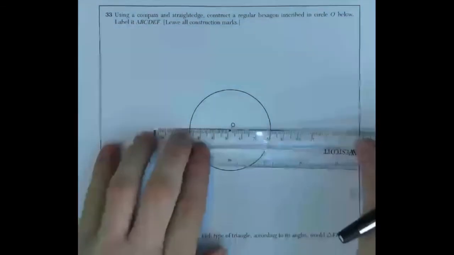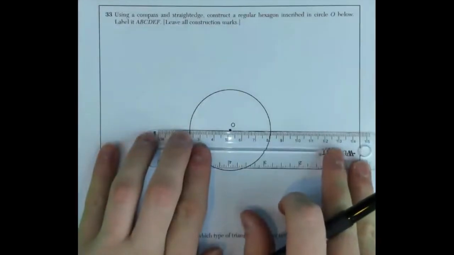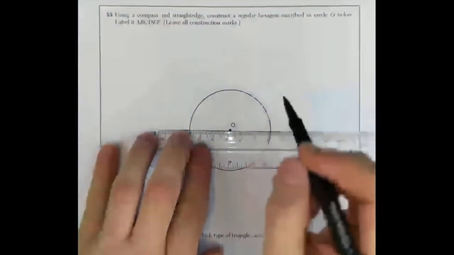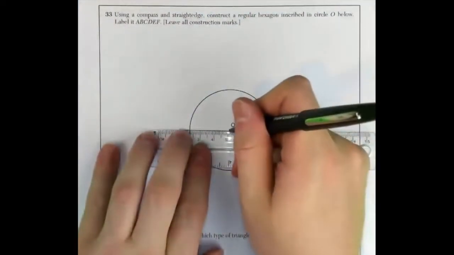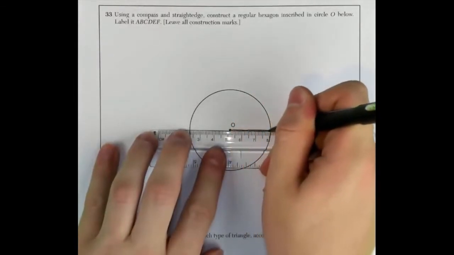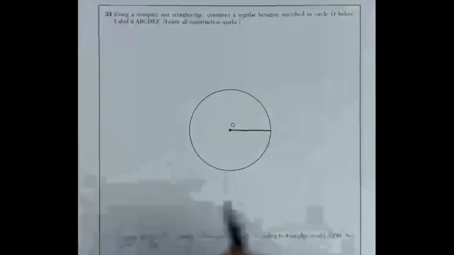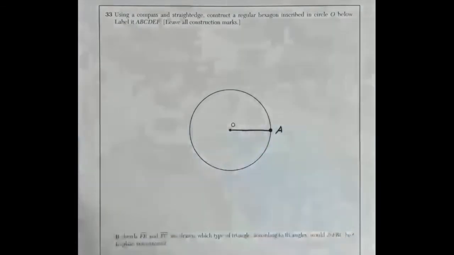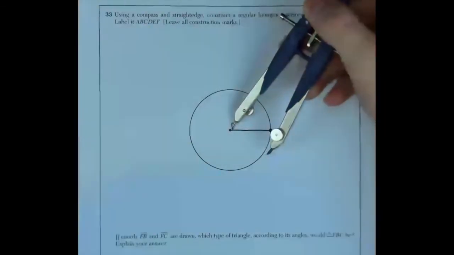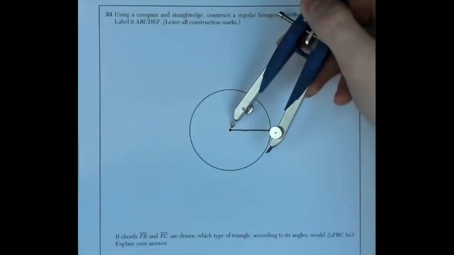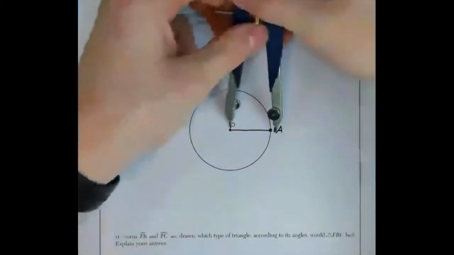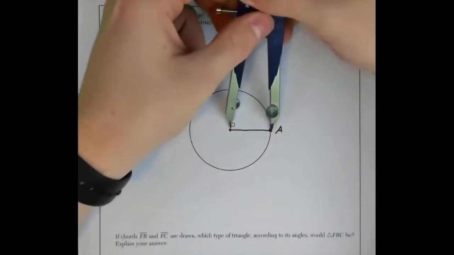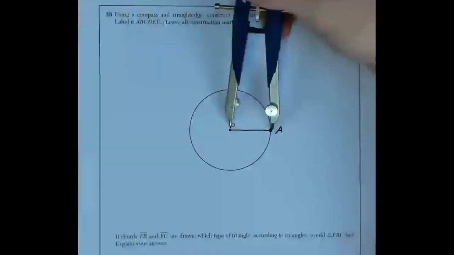So the first step that I usually like to do is I like to take my straight edge and draw a radius from point O to one point on the circle, and this point over here is going to be my point A. Now, in order to construct a hexagon, I'm going to take my compass, place it on the center O, and measure the length of the radius to A. Now, it has to be spot on and it has to be precise.